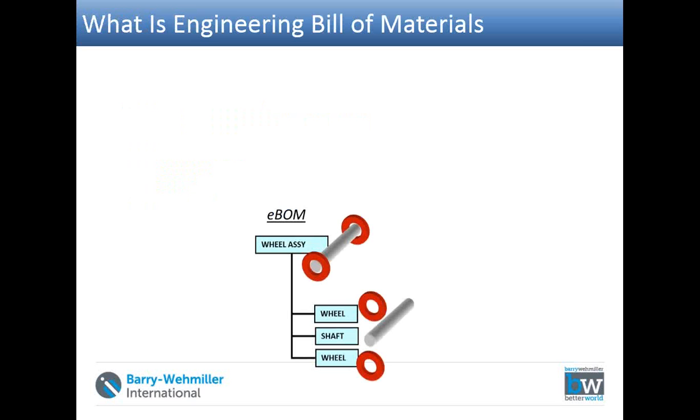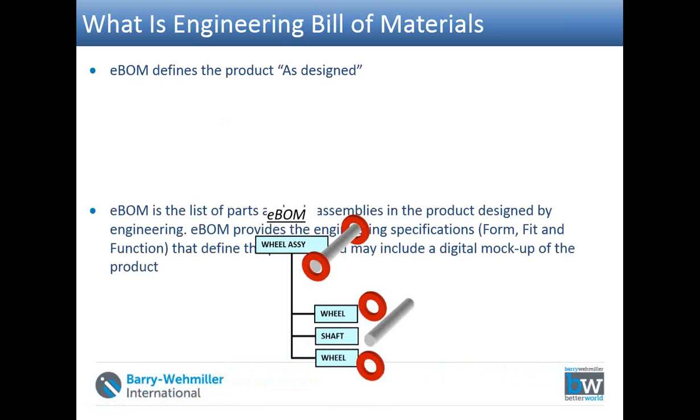So first we'll see what is engineering bill of material. As you all know, this E-BOM, the engineering bill of material, is the type of bill of material reflecting the product as designed by engineering, that is, as designed.